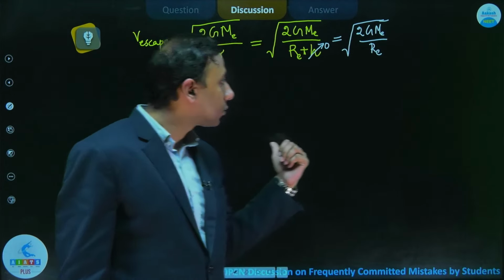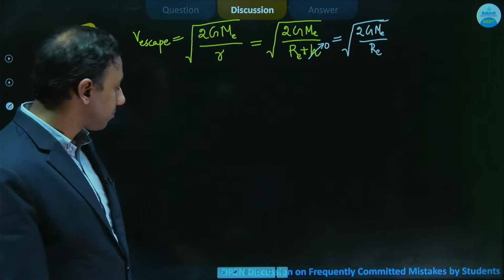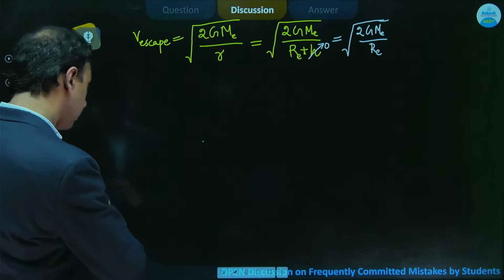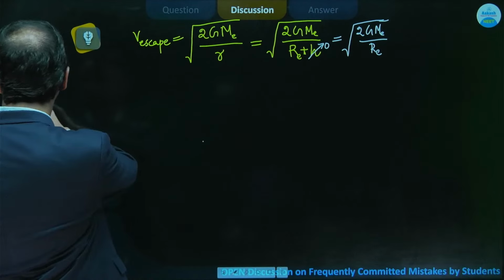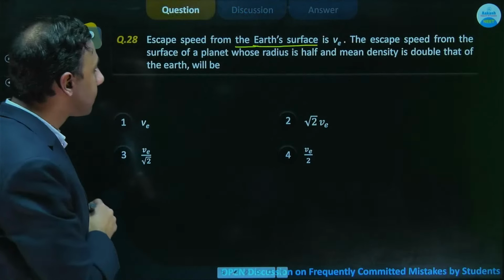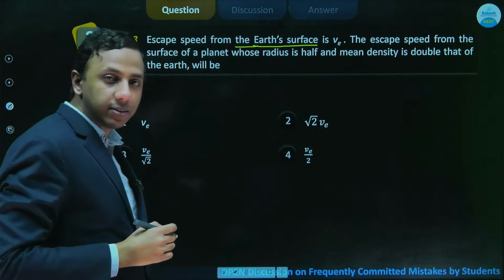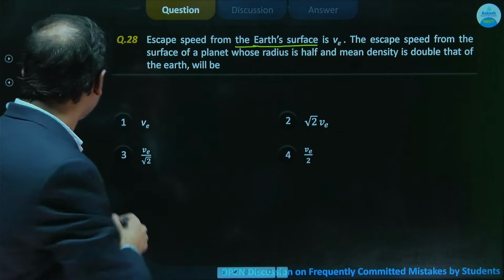Now if you come back to this question once again, what are they saying? They are talking about the radius and mean density of the planet, है ना?